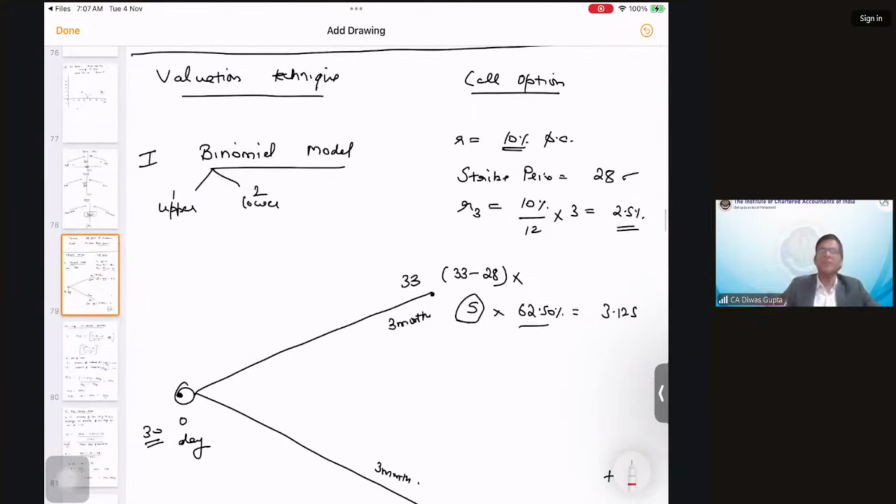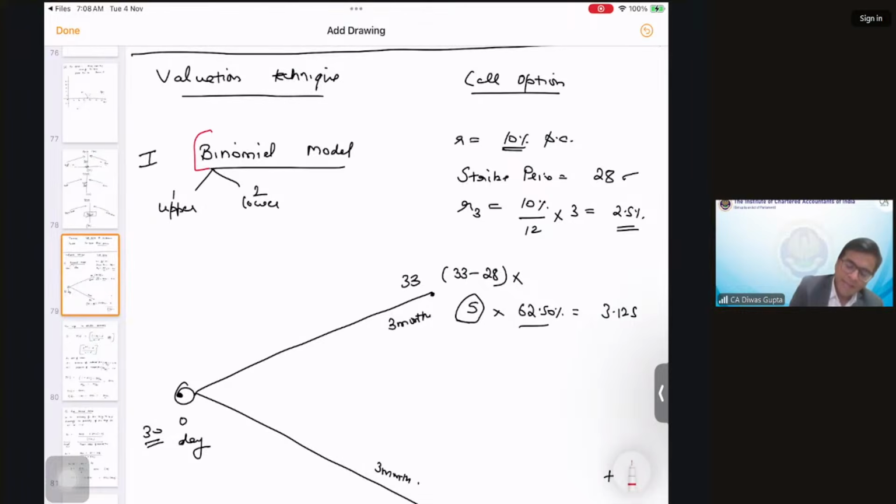Then let's come to the valuation techniques of the options. Okay, this is very, very important, students. How do you really value an option, whether it is a call option or a put option? Now, students, there are different techniques to value an option. The first technique is called the binomial model.